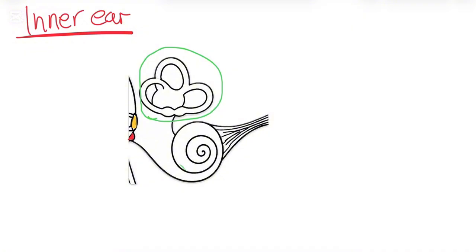But let us look at this structure, which consists of structures that are semicircular in shape. Let's use black. So this structure is called the semicircular canals.